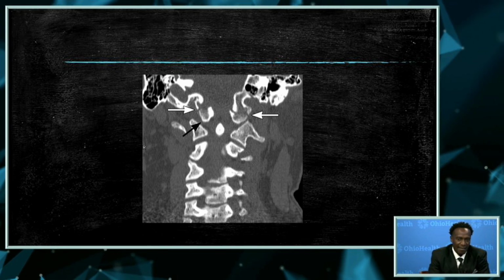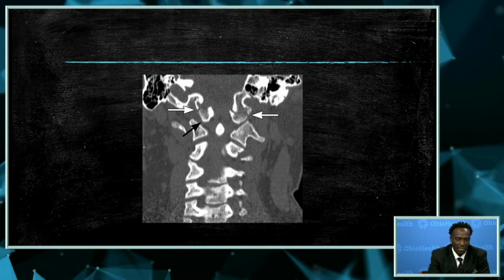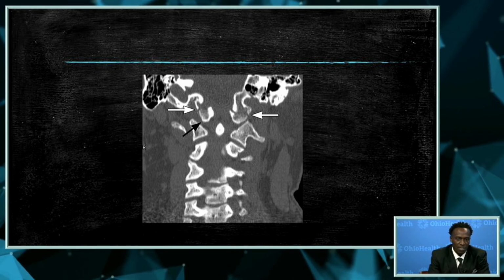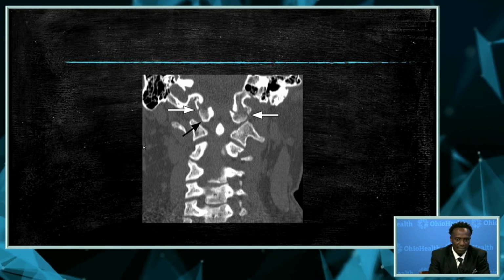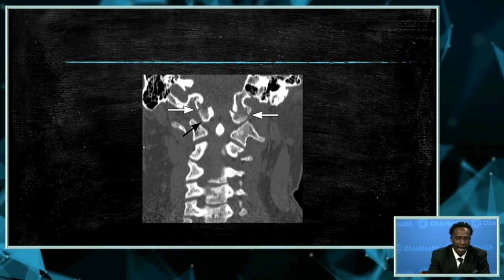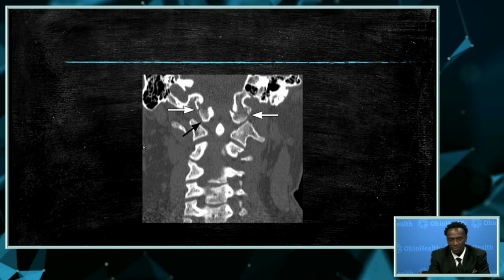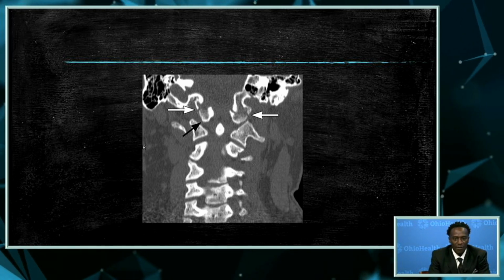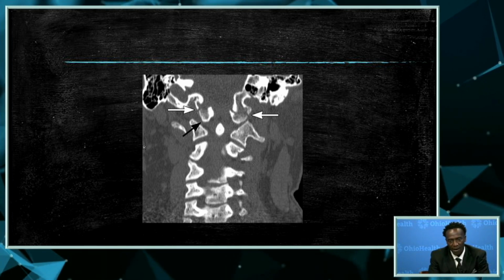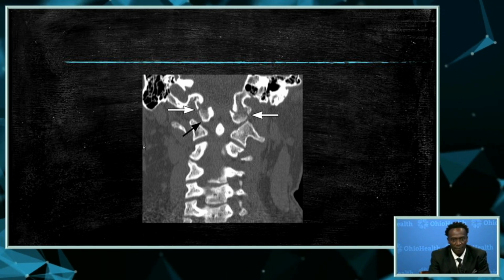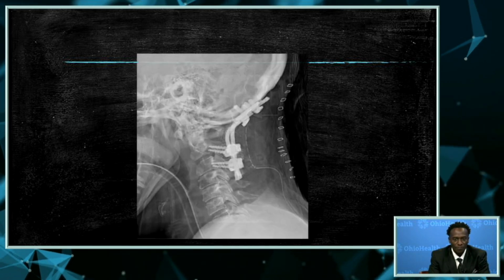As you can see there, the atlanto-occipital interval is greater than 2 millimeters. The space between the occipital condyle and the atlas should be less than 2 millimeters in adults. And in this case, it looks like you have several millimeters there. So you not only have occipital condyle fractures, you also have OC dislocation.